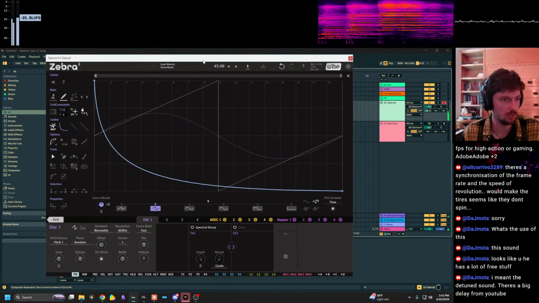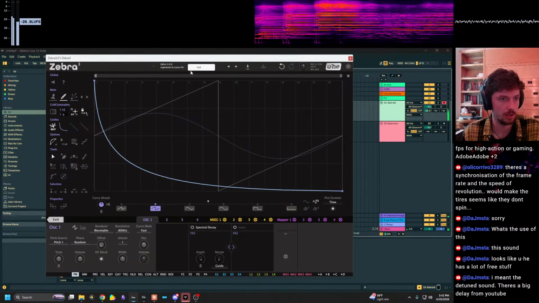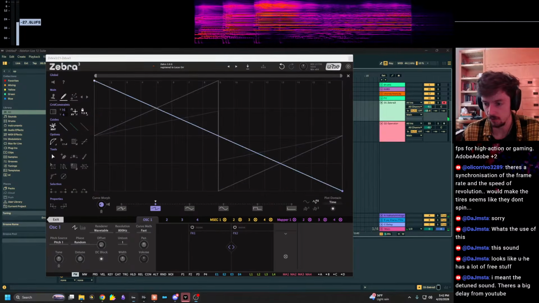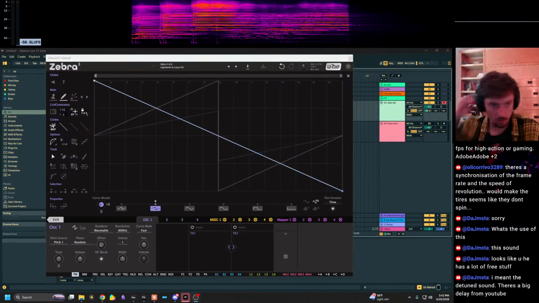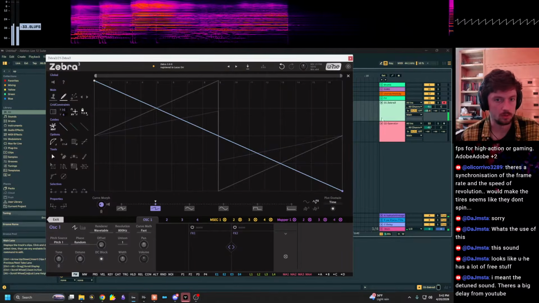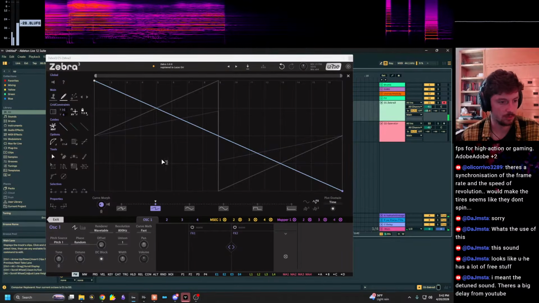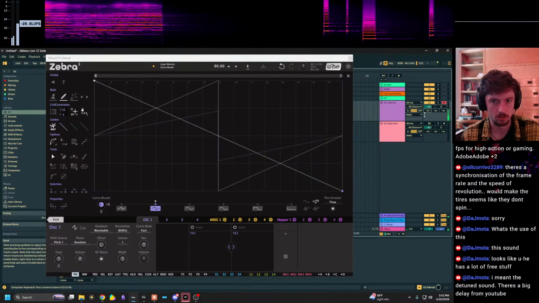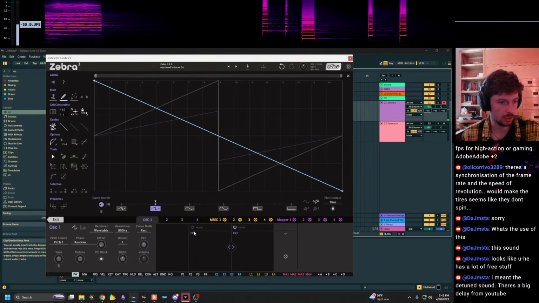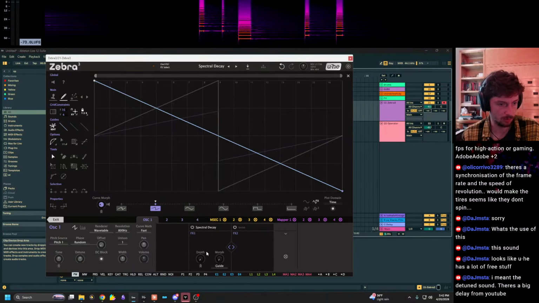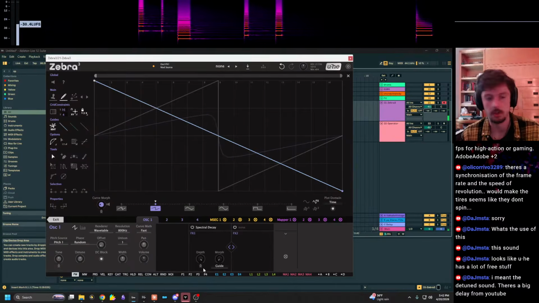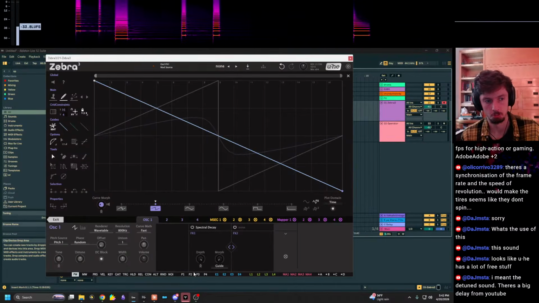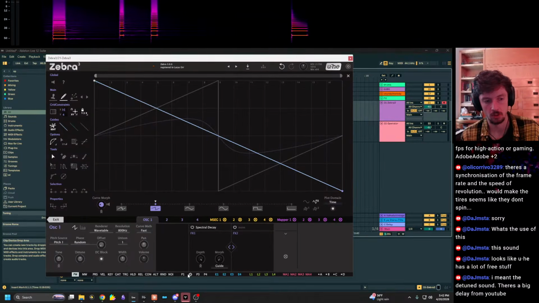Okay, so spectral decay is not working right. Let's just edit this. Let's start over. Try to figure out what is going on. So we have oscillator 1, cute. And then I turn on spectral decay. Now you sound correct. I don't know what I was doing before.